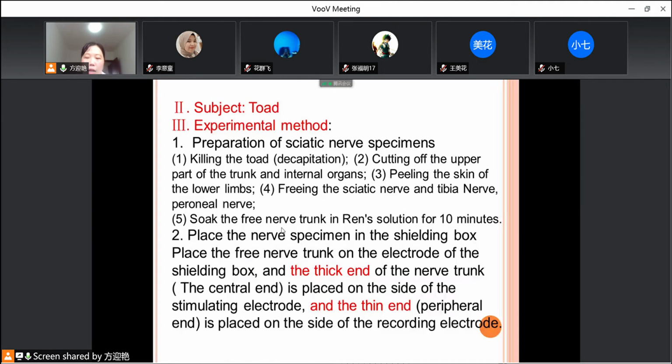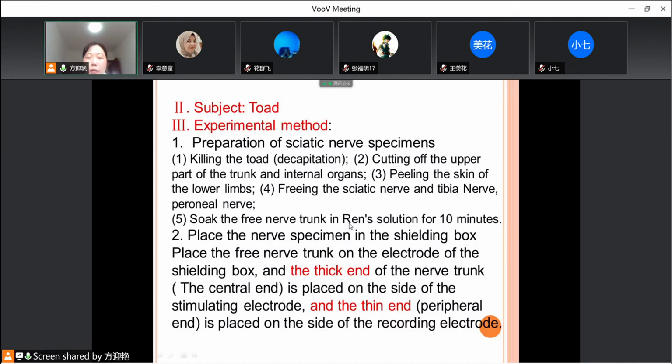And we should soak the free nerve trunk in Ringer's solution for 10 minutes, and then the cell membrane is also surrounded by the Ringer's solution. Ringer's solution is equal to the extracellular fluid.